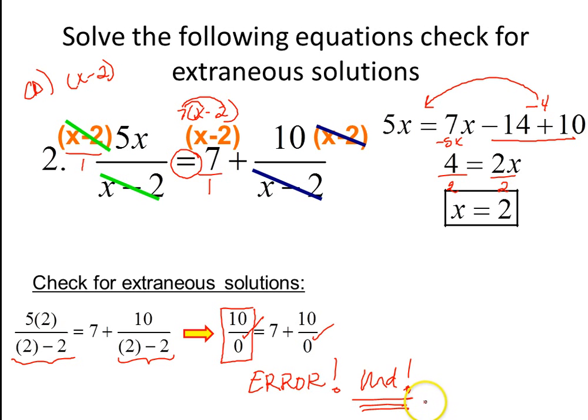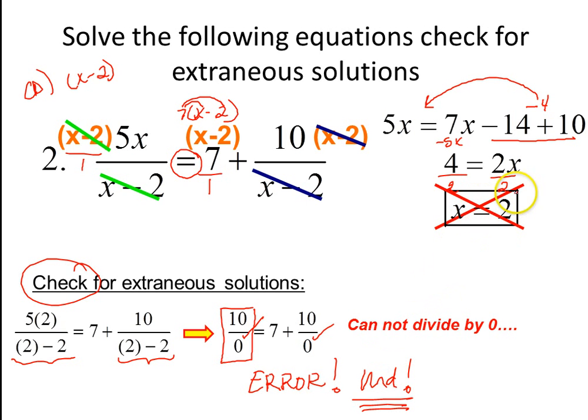You cannot have those. So go back to why we're checking. If we're getting a 0 on the bottom, which is giving us an error or an undefined, does this 2 actually work? No. So you need to put a big X through it. You need to put extraneous, but you need to tell me that 2 does not work.